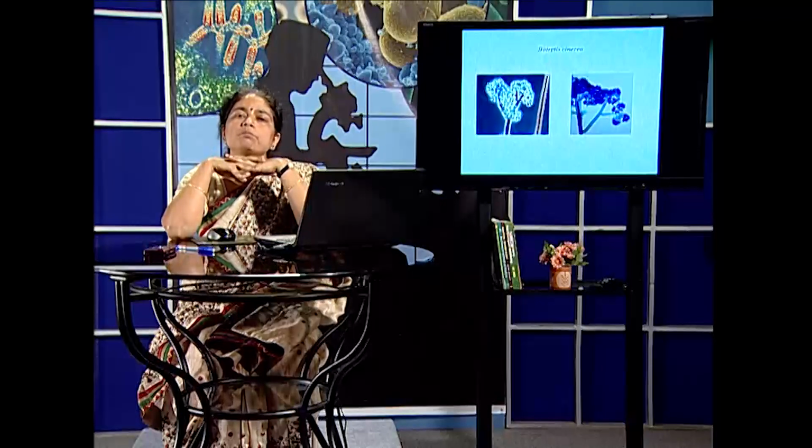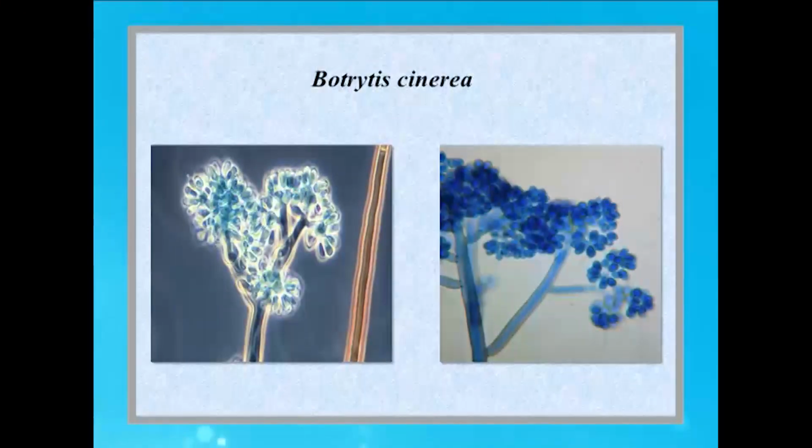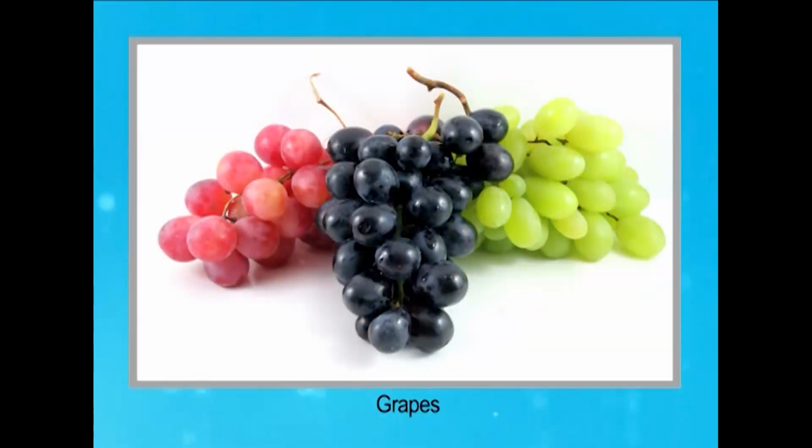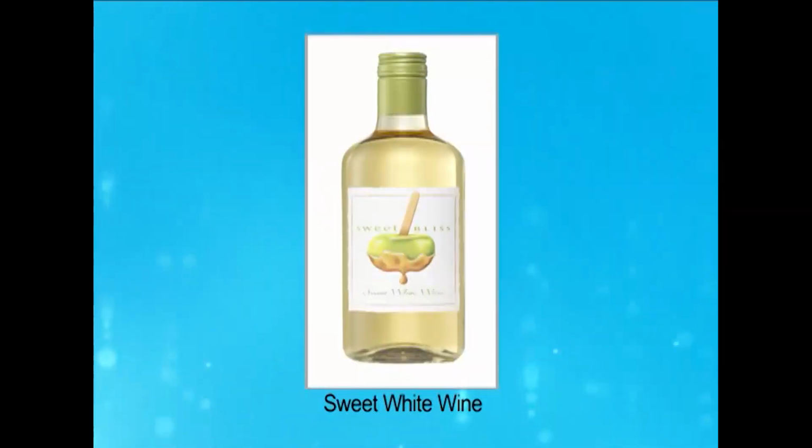A very important mold which is used in the production of a wine is Botrytis cinerea. This Botrytis cinerea causes the fermentation of the sugar which is present in the grapes, and therefore it leads to the formation of a wine which is called the sweet white wine, which has got a characteristic flavor and an aroma.